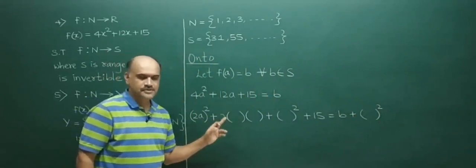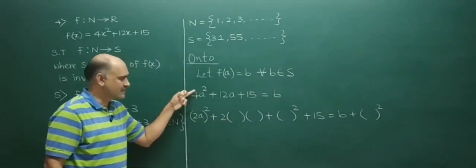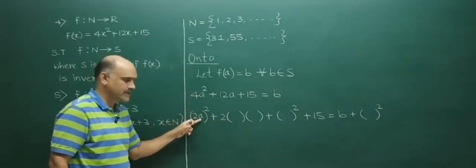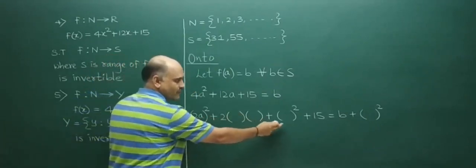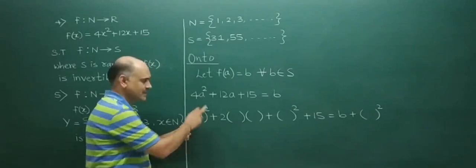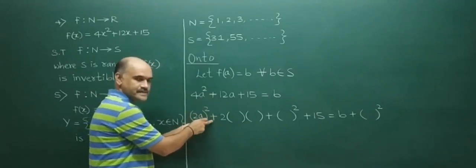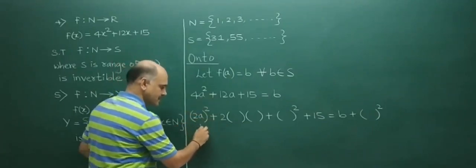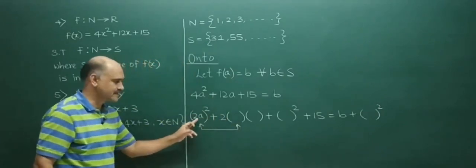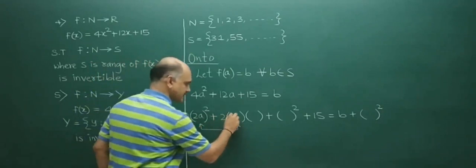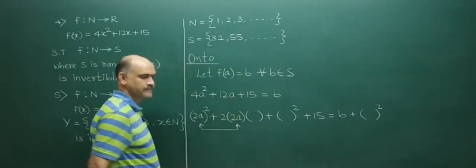Now I will substitute over here. 4a square I have written as (2a) whole square. So 2ab, I am taking it in the formula of (a plus b) whole square, as here plus is there, plus 2ab. This term should come over here, which means this will be 2a.